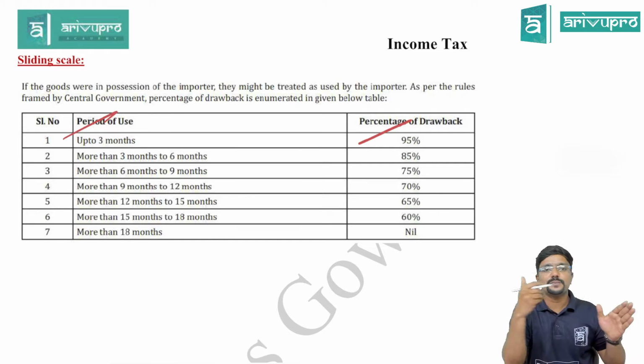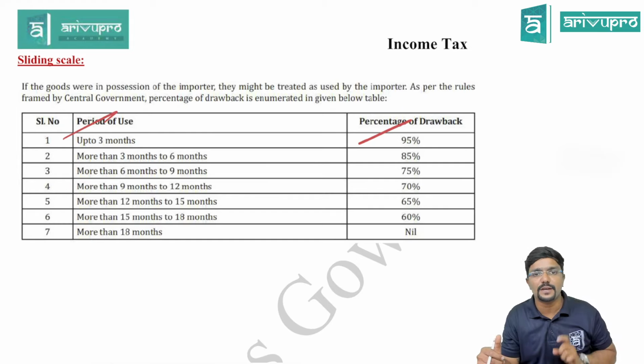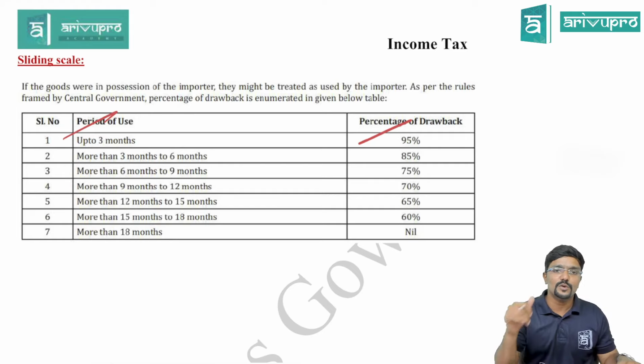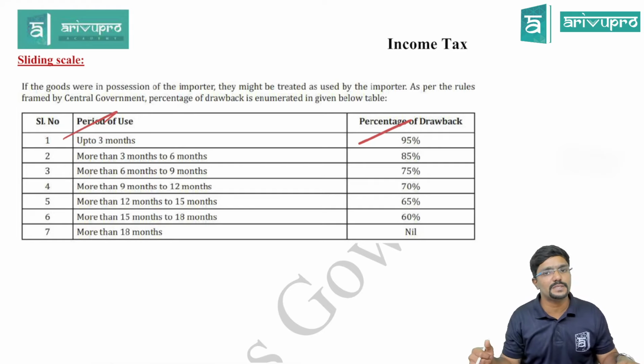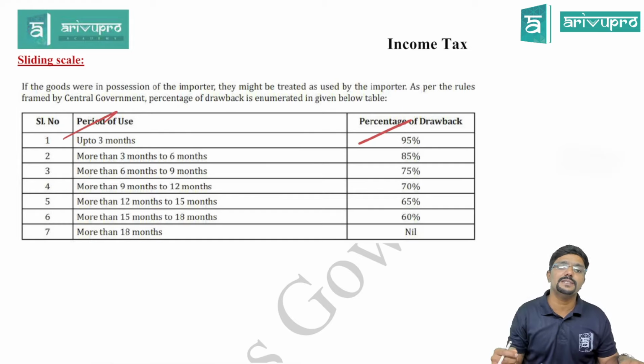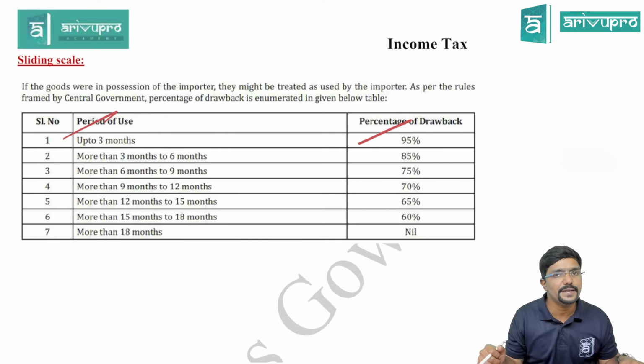More than 3 months but up to 6 months, 85% of the import duty. More than 6 months up to 9 months, 75%. More than 9 months to 12 months, 70%. More than 12 months to 15 months, 65%. More than 15 months to 18 months, 60%. And more than 18 months, it is nil, meaning you cannot claim any duty drawback.